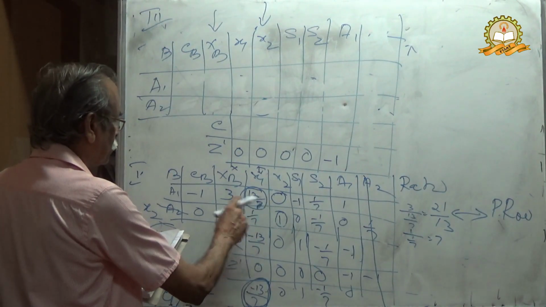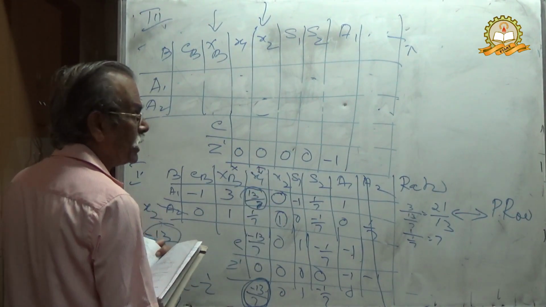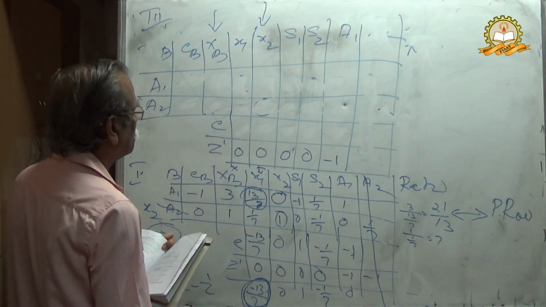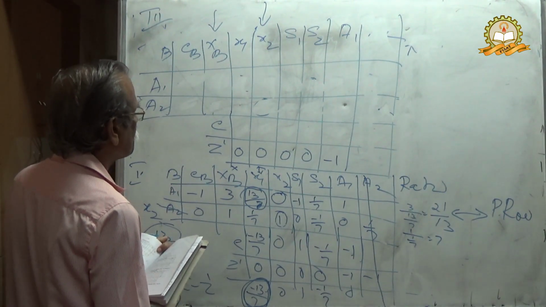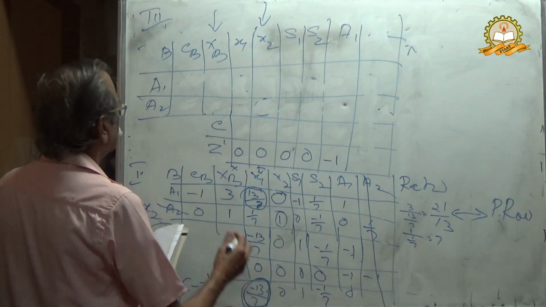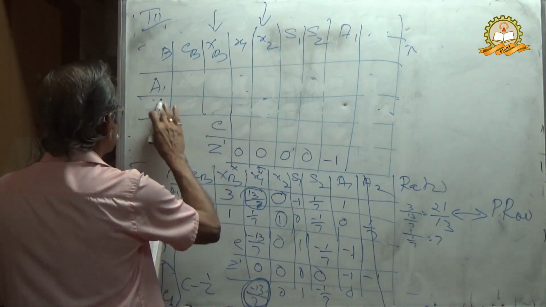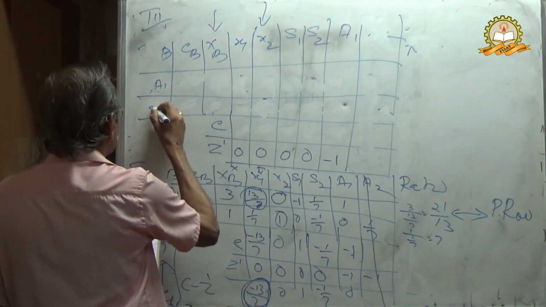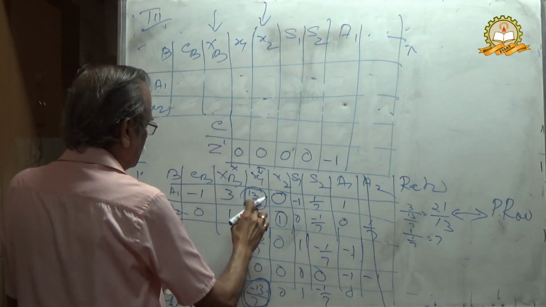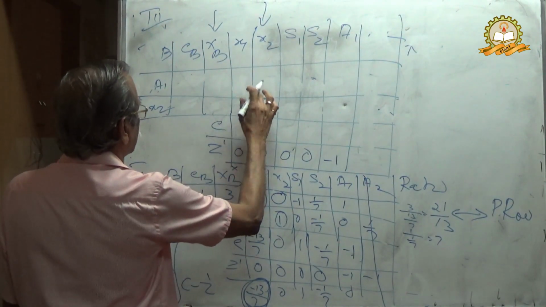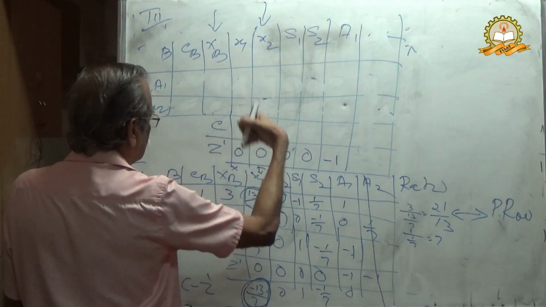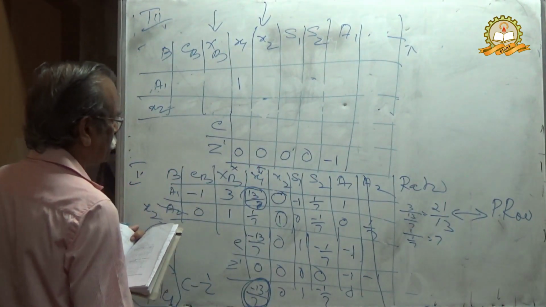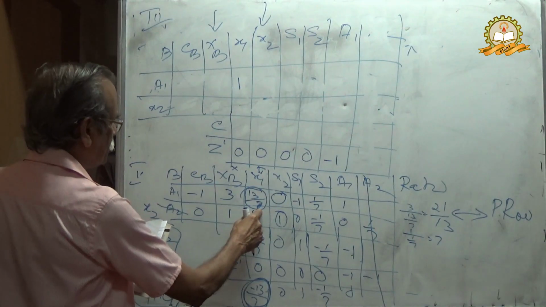Under the X1 column, 13 by 7 divided by 13 by 7 equals 1.